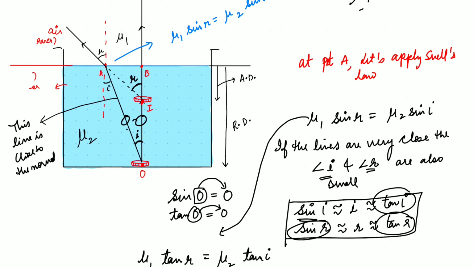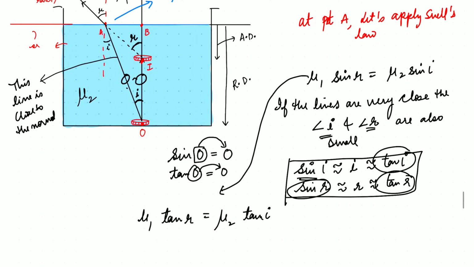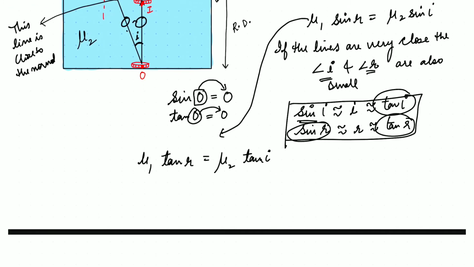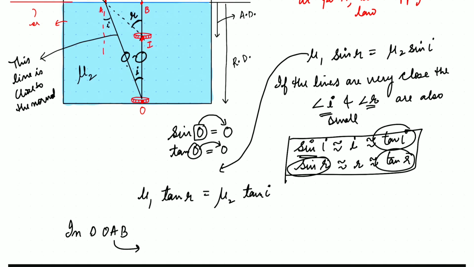Okay, great. Now let's talk about triangle OAB. Where is your OAB? Here it is. So in triangle OAB, what is the value of tan i? Tan i is the ratio of perpendicular upon base.